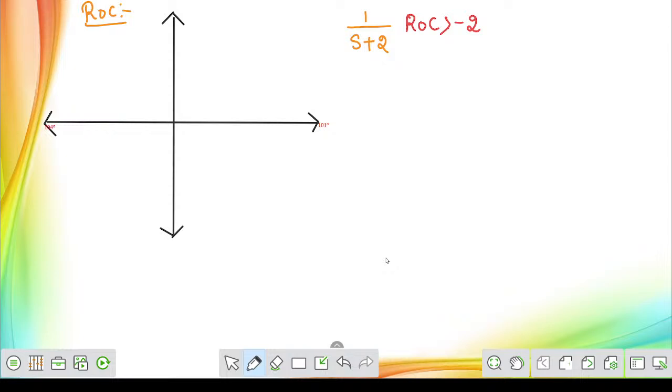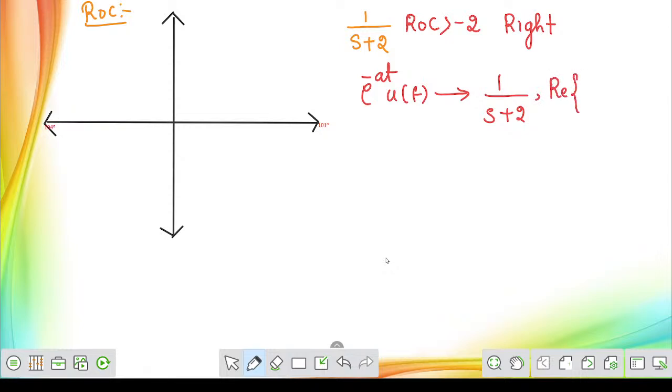If the signal is causal or right-sided, assume it is right-sided, defined as e power minus at into u of t, then we know its corresponding Laplace domain expression can be written as 1 upon s plus 2, and its region of convergence is real part of s must be greater than minus 2, as given. s plus 2 means s equal to minus 2.